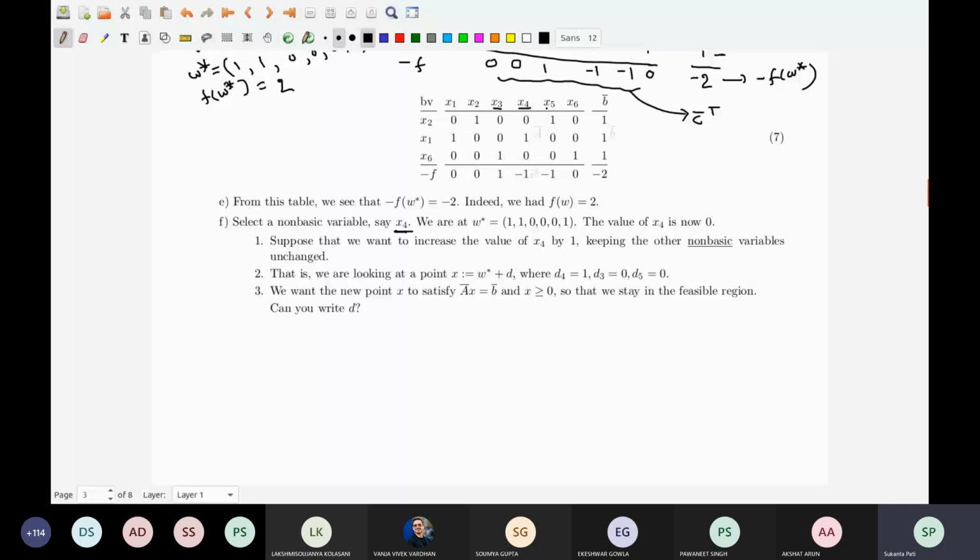Now you look at x4, and suppose you want to move out of W star. So what is W star? The current vertex is 1, 1, 0, 0, 0, 1. That is the current vertex. And you want to move out of this by some alpha units along a direction.